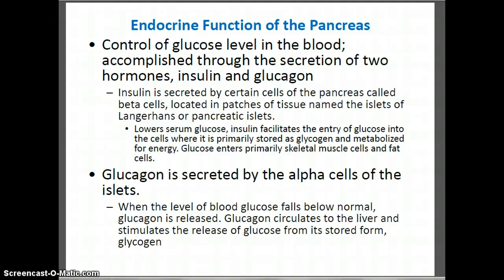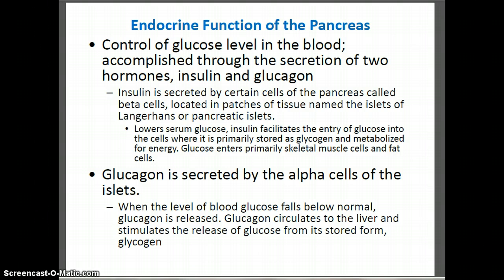Insulin, as I mentioned, lowers serum glucose and facilitates the entrance of glucose into the cells, where it is primarily stored as glycogen and metabolized for energy. Glucose enters primarily skeletal muscle cells and fat cells, but it can be utilized by all cells of our body, and particularly glucose is needed as the prime source of energy.